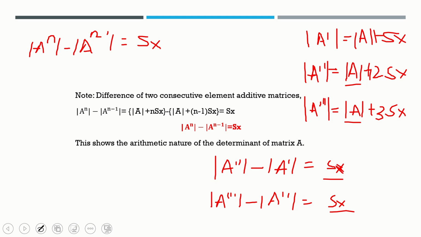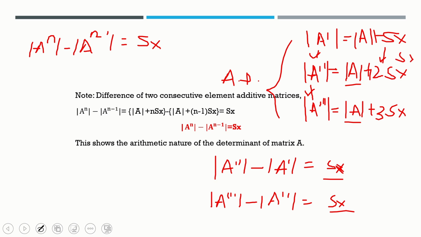If you clearly observe these three matrices, it is forming an arithmetic progression. In each successive matrix with an element x added, there is also an increase of Sx.